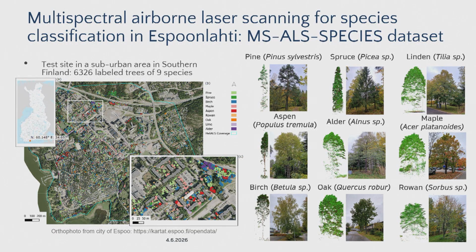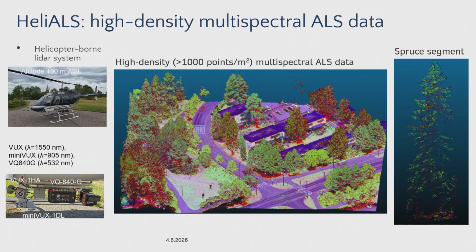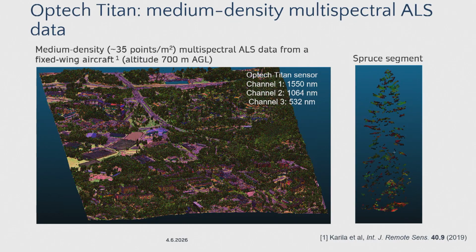The field reference was collected with a web application developed just for this project, and we had more than 6,000 reference trees. This is an example of the multispectral LiDAR with dense data and the one corresponding tree, and this is the same tree with the Optech Titan data and for the whole area. So basically the wavelengths were pretty similar.